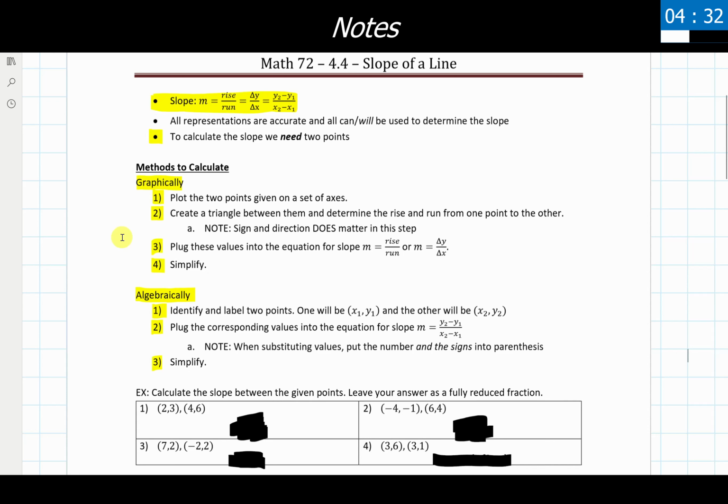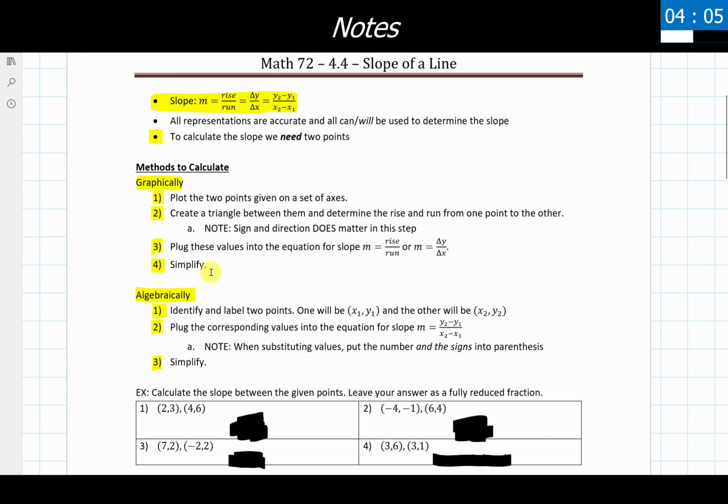After we have the rise over the run, or the change in y and the change in x, respectively, we're going to plug those values in for the rise and the run, or the change in y over the change in x. That's going to result in some kind of a fraction. And we are then, at the very end, going to simplify this down.